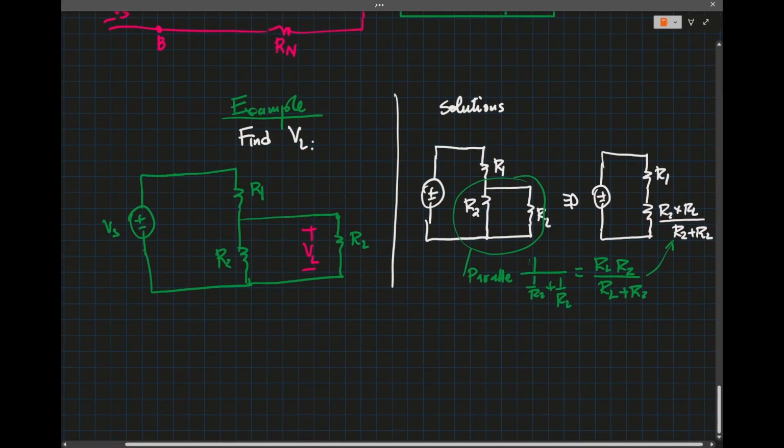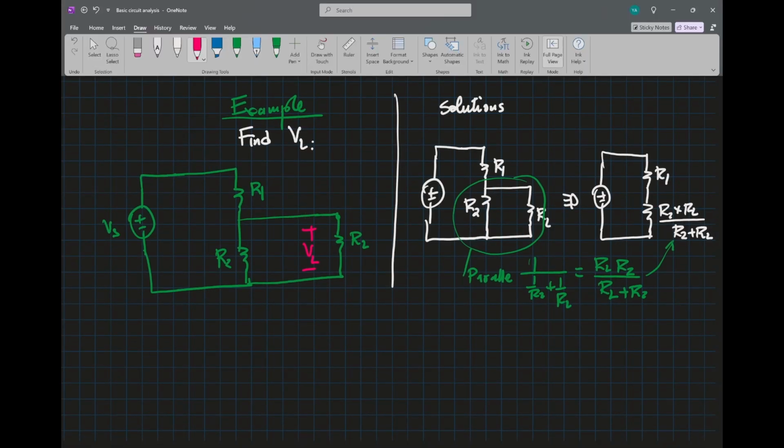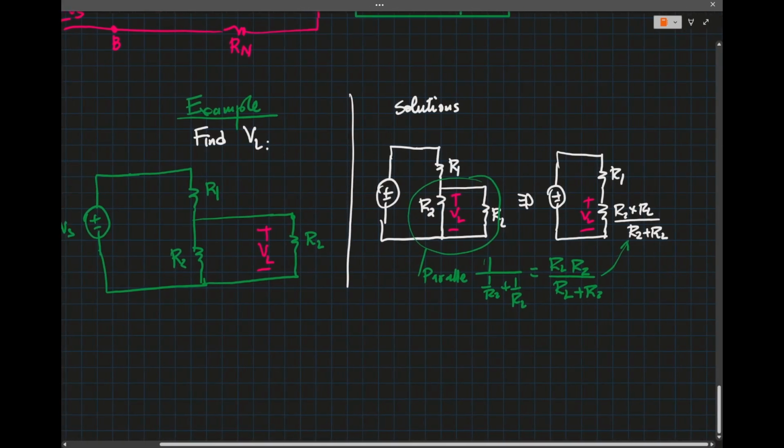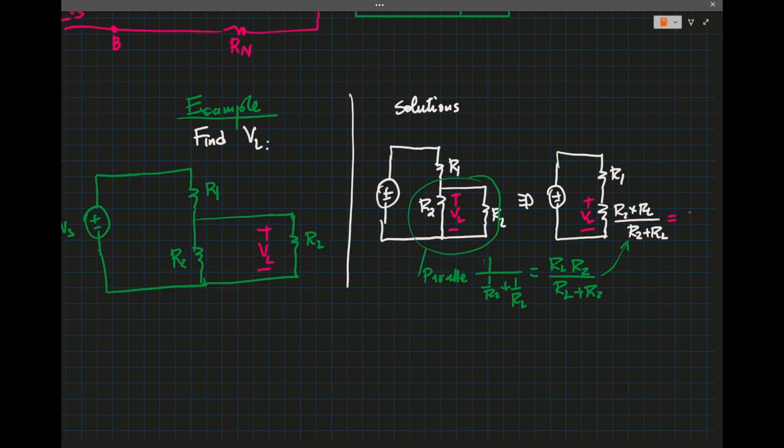So now we could do the current division. Because these resistances are in parallel, the voltage across the parallel is the same. Let's say that I call this R3.